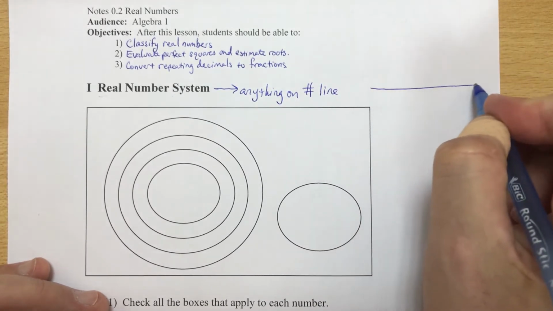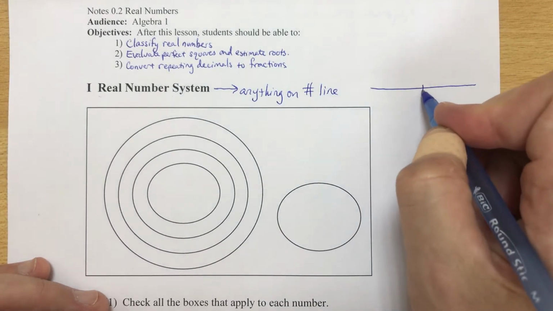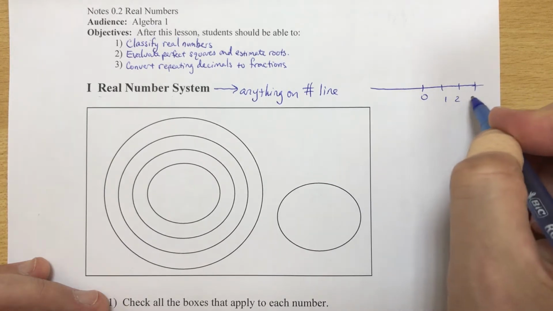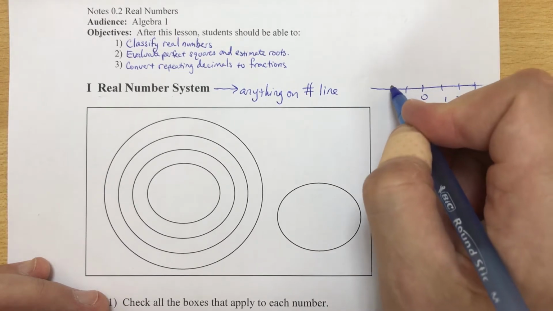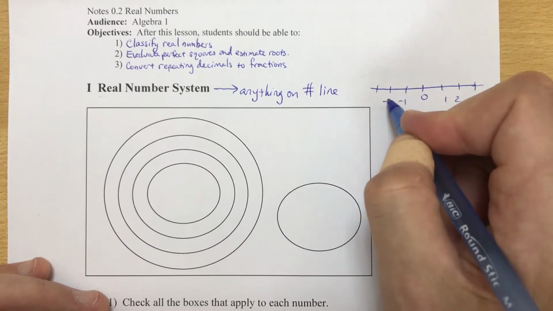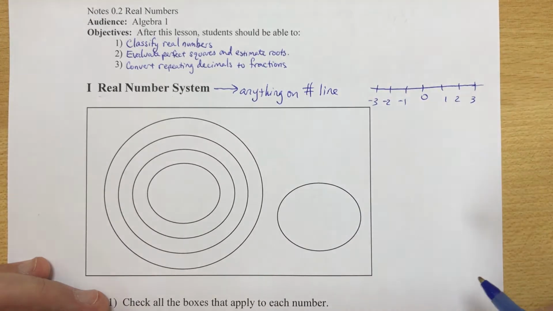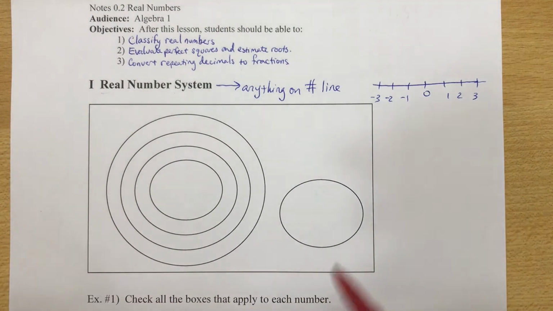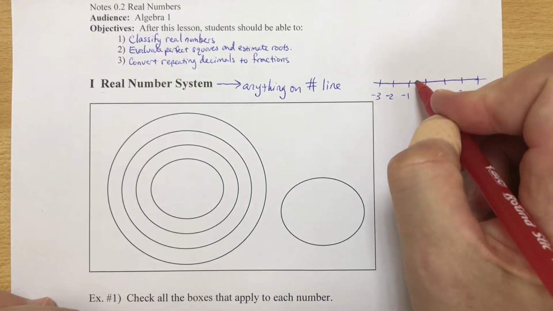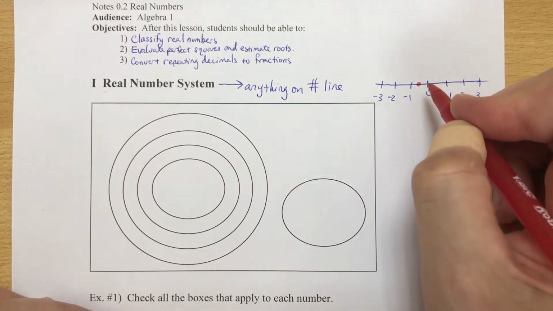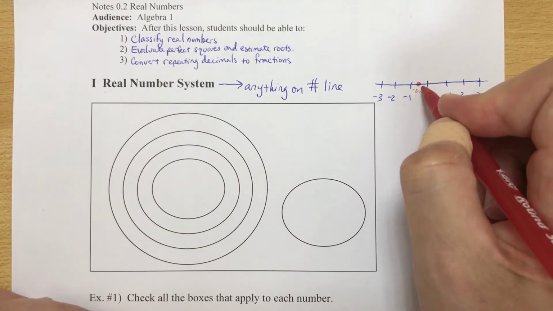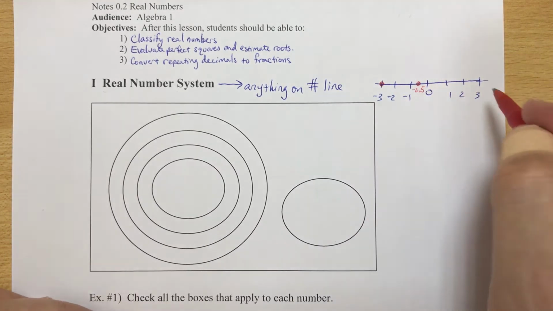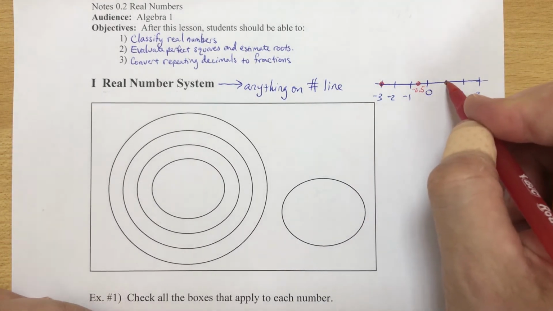So for example, if I draw a line, 0, 1, 2, 3, -1, -2, -3. So I can put on the number line, for example, something like -0.5. I can plot the number -3. I could plot the number 1.